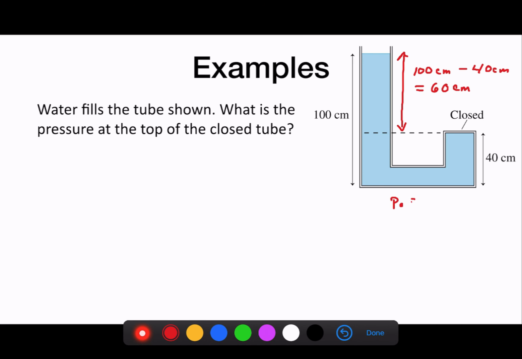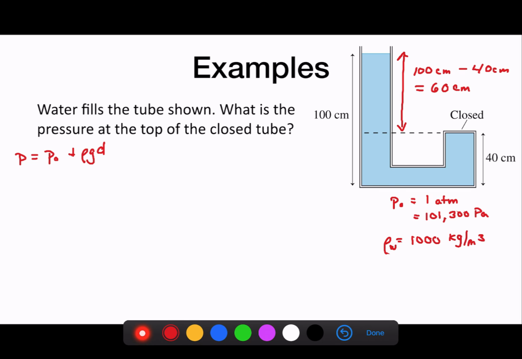Again, our atmospheric pressure is 1 atmosphere, or 101,300 pascals. We'll use our same equation as before. Pressure is equal to the atmospheric pressure plus density of the liquid times g times the depth. The density of water is 1,000 kilograms per meter cubed.